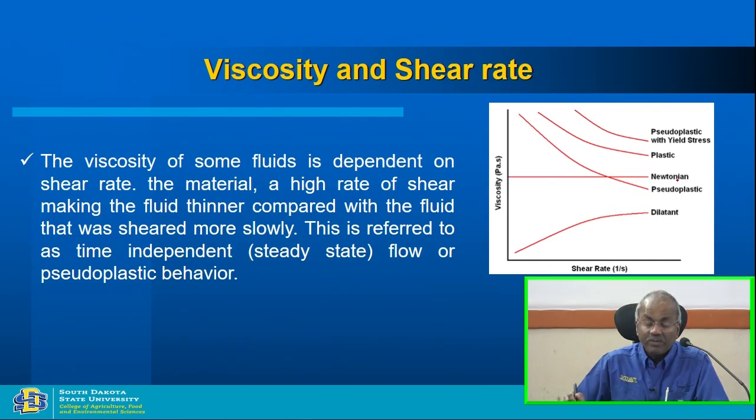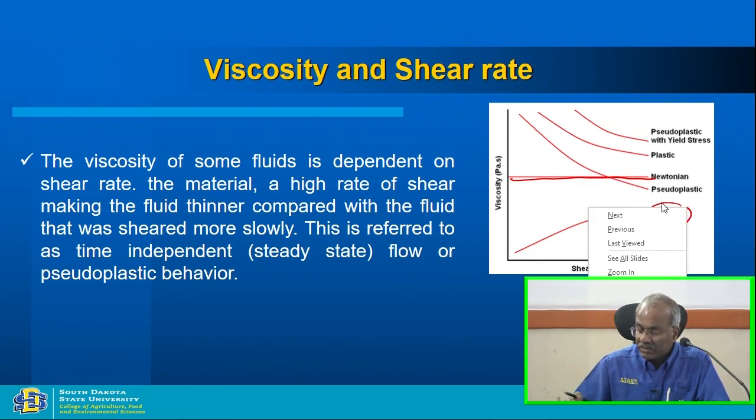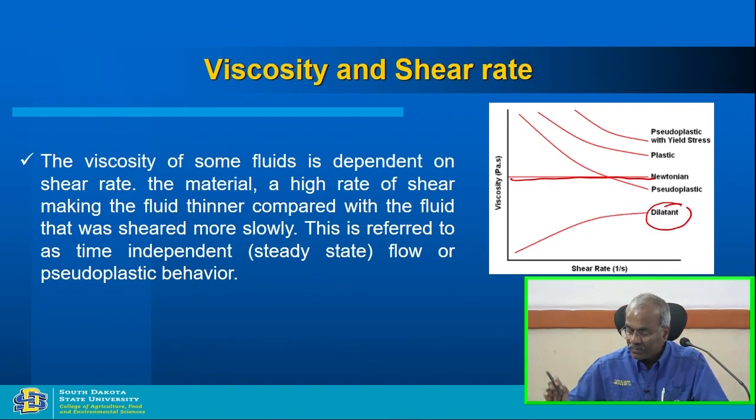If it is Newtonian behavior, viscosity will be constant, one number, right? But if it is pseudoplastic, that is shear thinning, viscosity will decrease as you increase the shear rate. And for the shear thickening fluid, dilatant, the viscosity will increase with respect to shear rate.